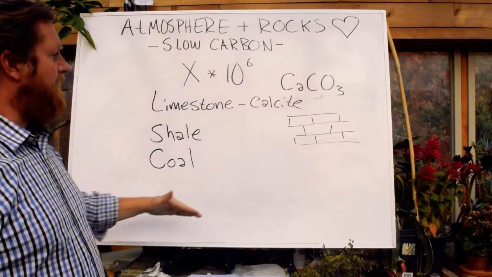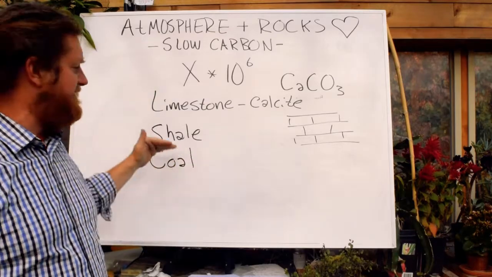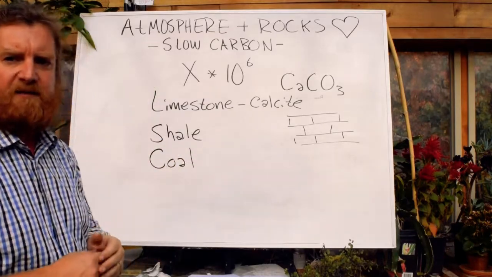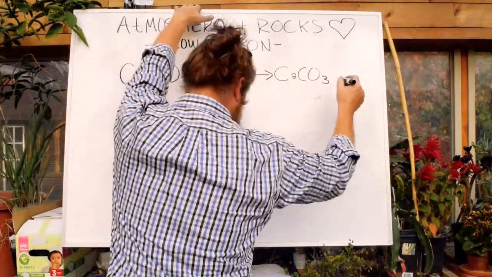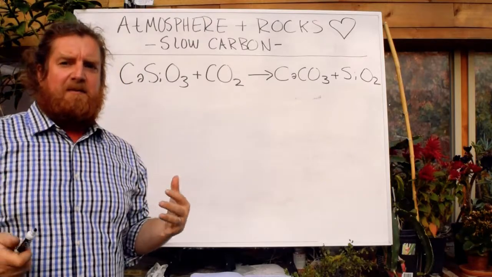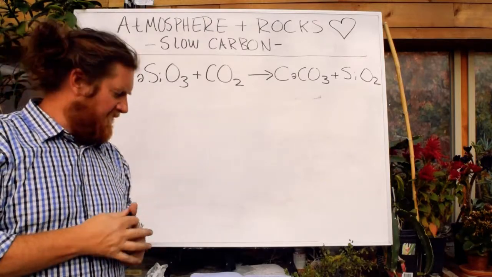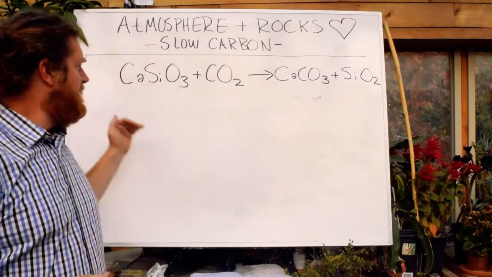But what we need to talk about is how carbon gets from the atmosphere into these individual rock types. So I'm going to simplify some of the chemistry as I normally do. Again, I know that you're probably doing backflips for your chemistry class.